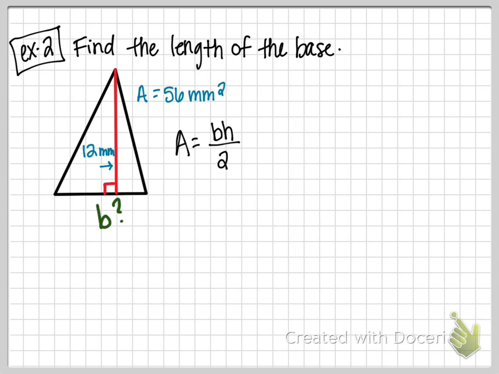Do we know A? Yeah, we do. They told us what A equals. So we can plug in 56 equals base, we don't know, times height, which is 12, divided by 2.